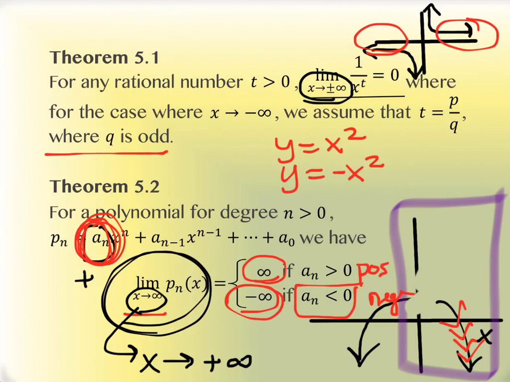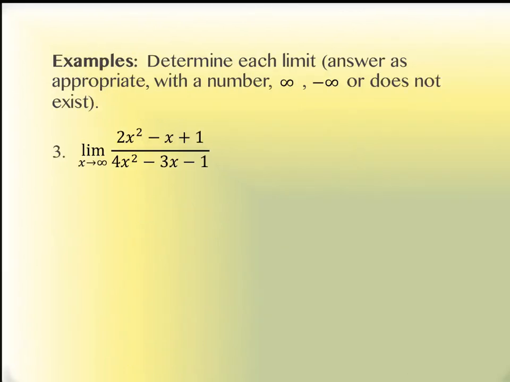All right, let's do some examples. It says to determine each limit, answer as appropriate with a number, infinity, negative infinity, or does not exist. So when we're dealing with this one, it is just a plain old rational function, all right?